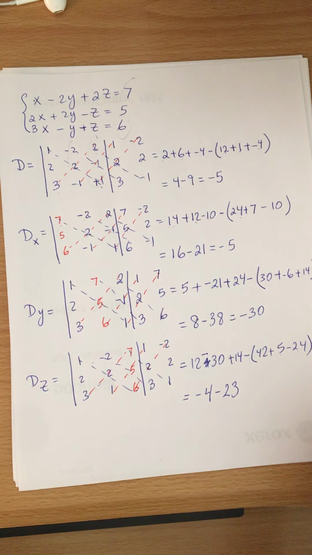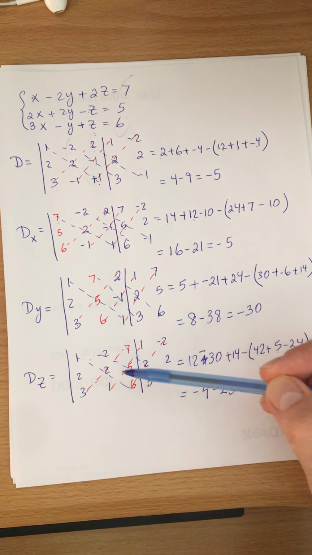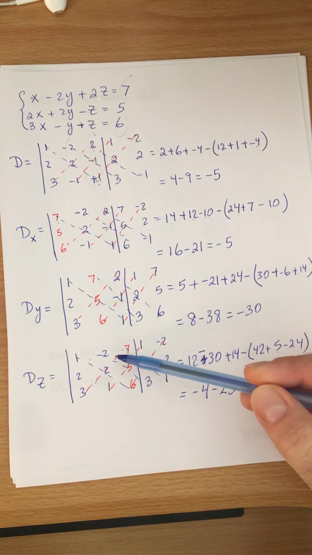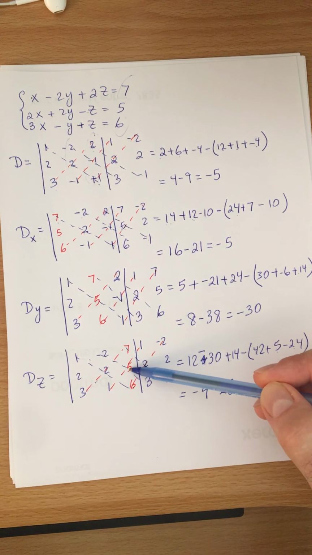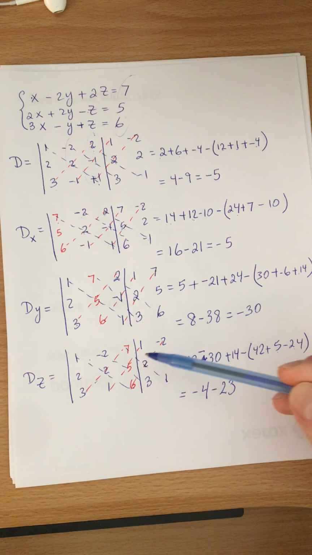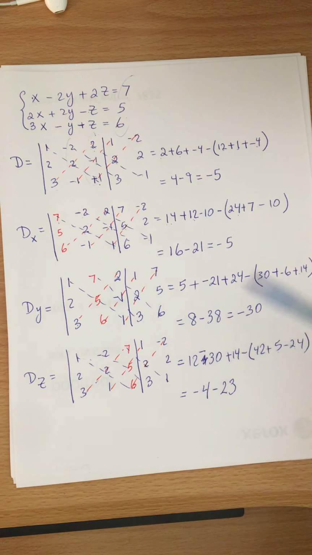And wait a second, something is not jiving here. Something is wrong here, because did I do this wrong? 1 times 2 times 6, that's 12. Negative 2 times 5 is negative 10, times 3 is negative 30. 7 times 2 times 1, that's 14.